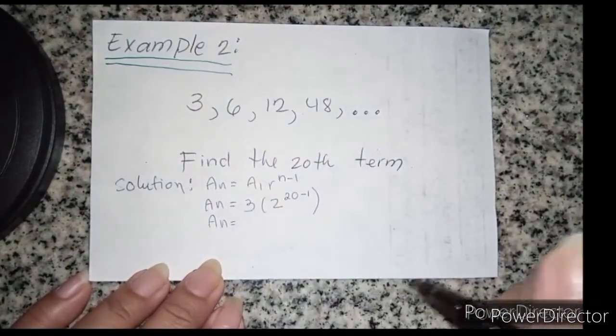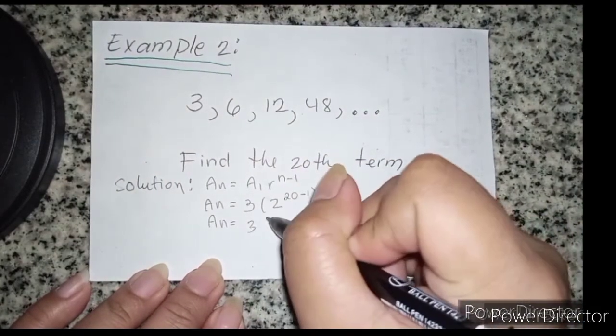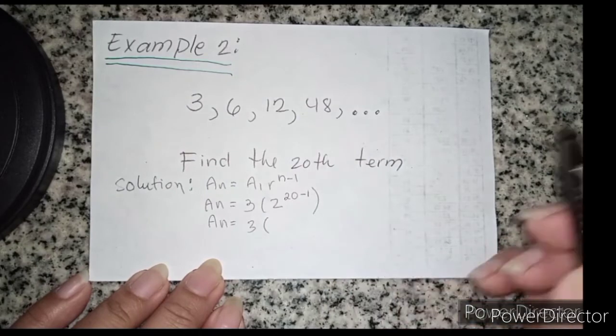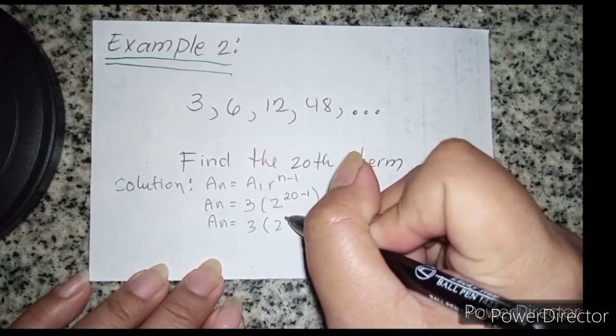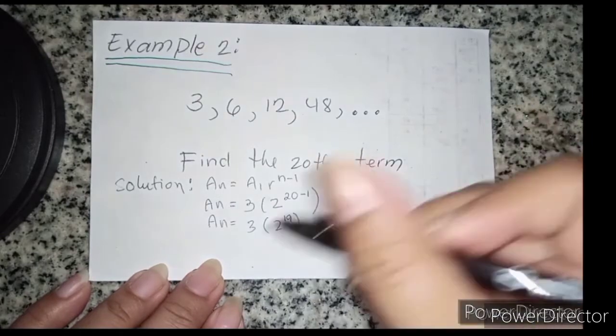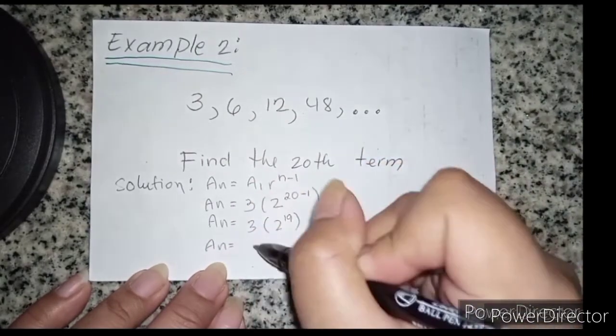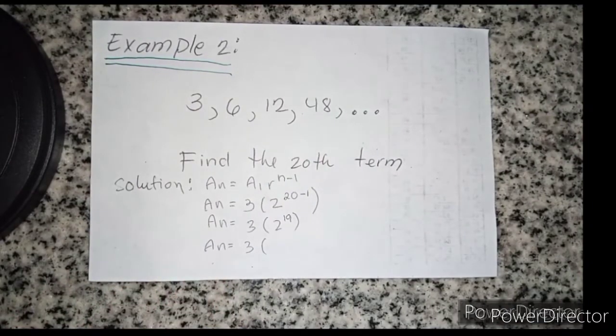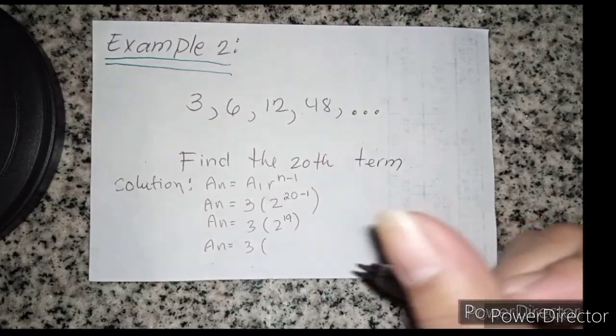Now, let's simplify. So, let's copy a sub n. So, 3. 20 minus 1 is 19. So, 2 raised to 19. Let's copy 3. So, 2 raised to 19 is equal to 524,288.